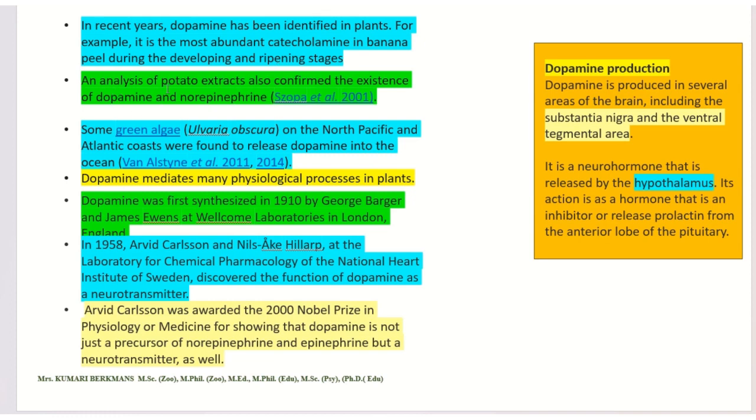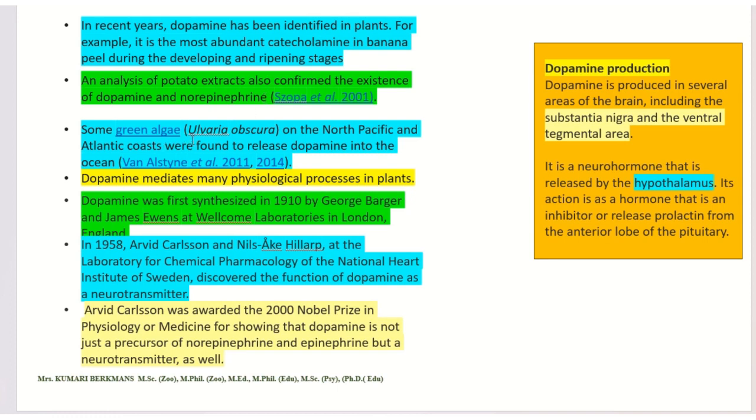Next, analysis of potato extracts also confirmed the existence of dopamine and norepinephrine in plants. These neurotransmitters act like hormones in plants.